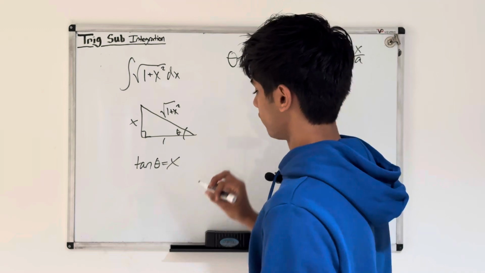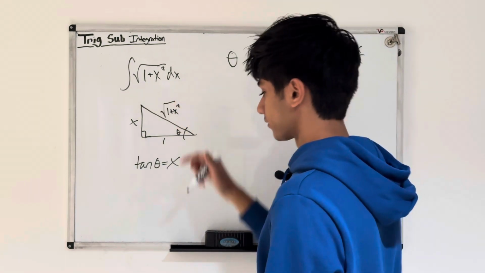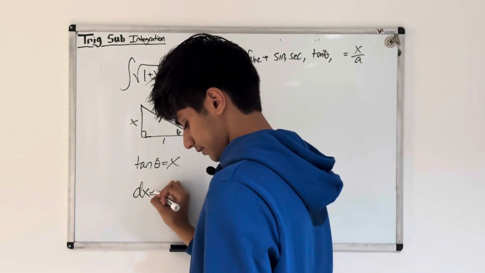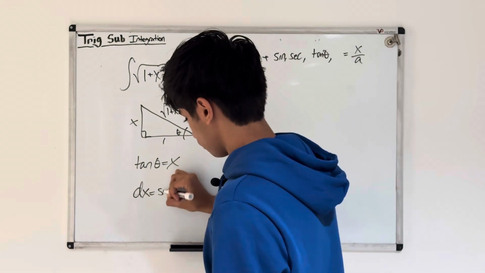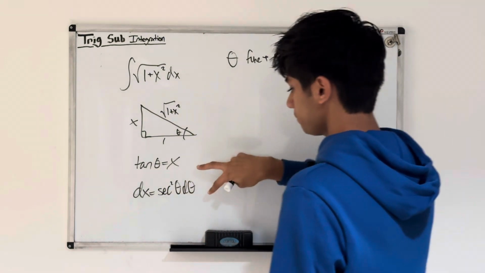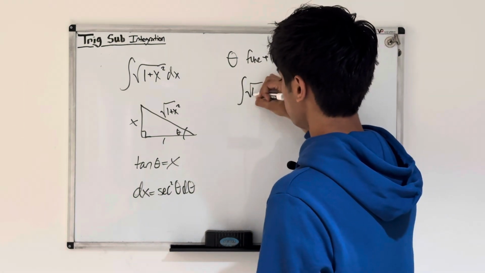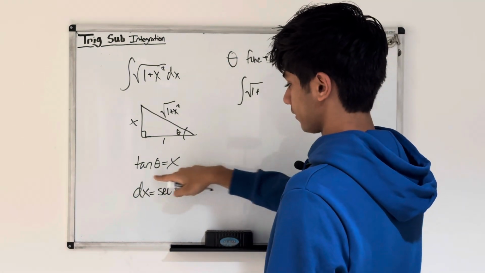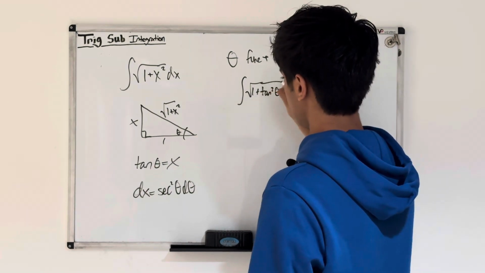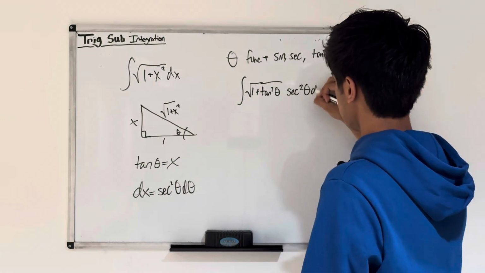Next, we're going to take the derivative, because if we want to put this function in terms of theta, we still have a dx. So we'll take the derivative, and we get dx is equal to secant squared theta d theta. Okay, so now with these, we'll plug it in. We get the integral of the square root of 1 plus x squared, where x is tangent theta, so tangent squared theta, and dx is equal to secant squared theta d theta.